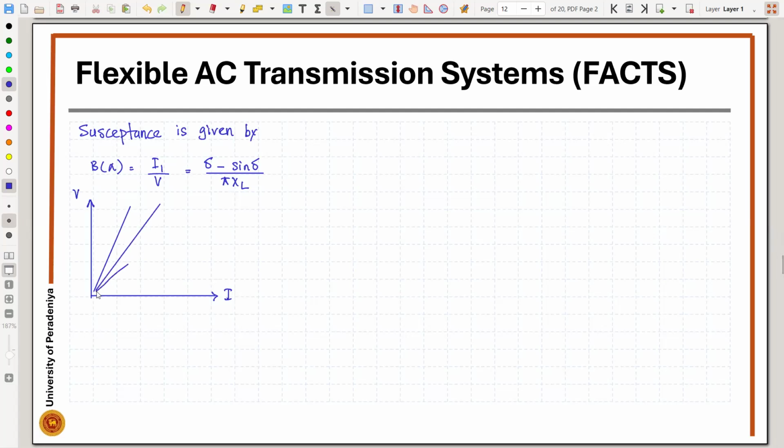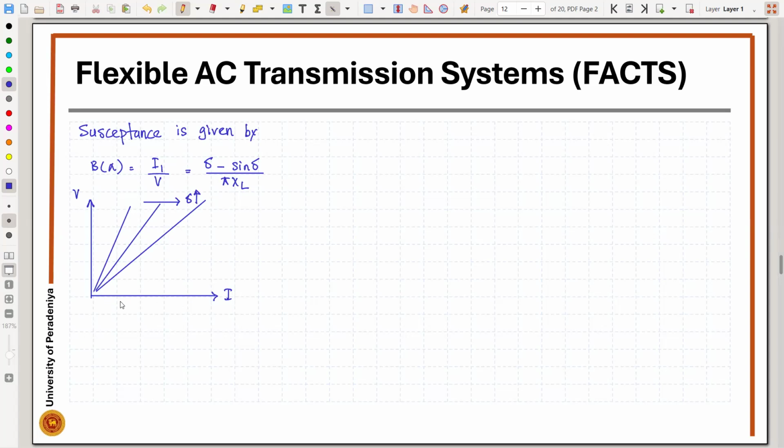Depending on the firing angle, we would have different characteristic curves for the voltage. If we increase the sigma, the characteristic curves are going to be shifted and the gradient will be reduced.